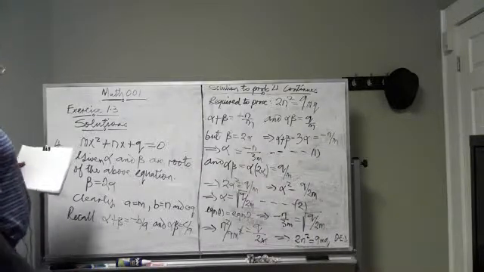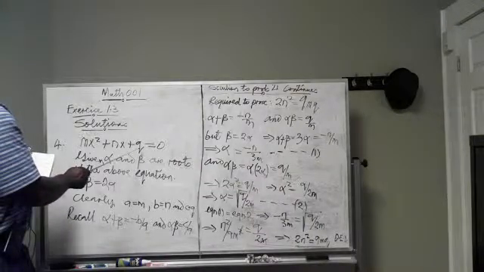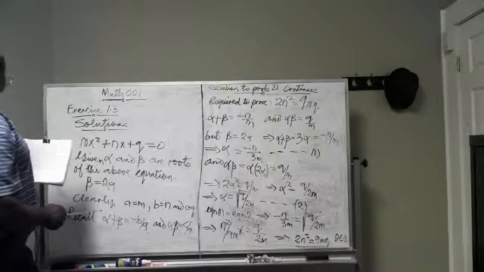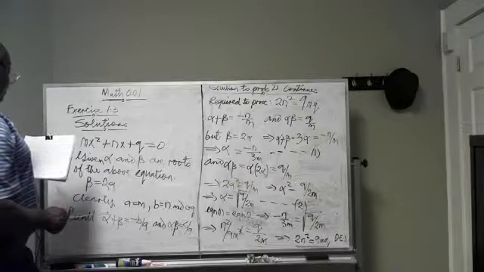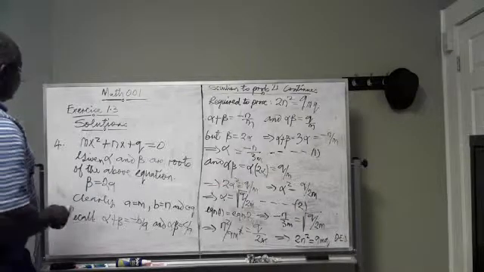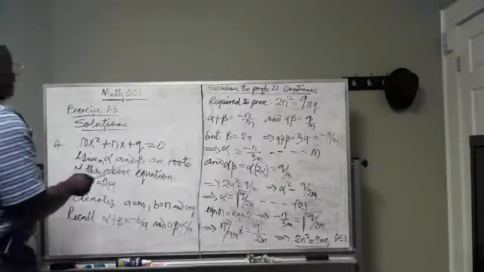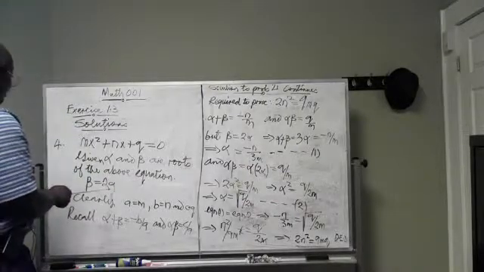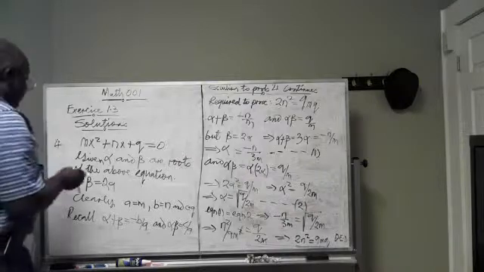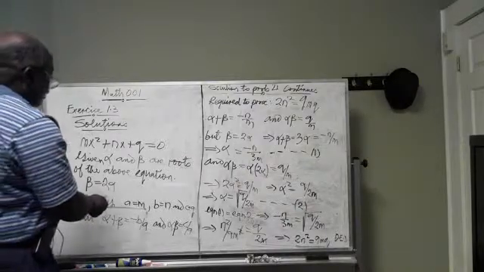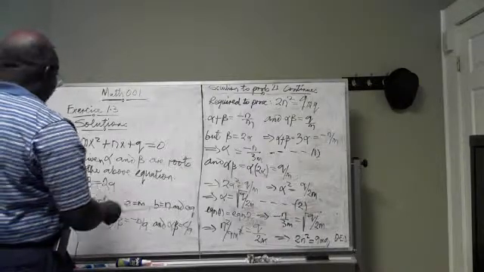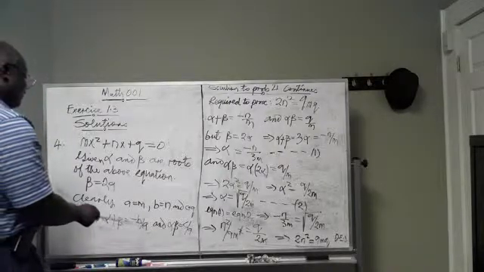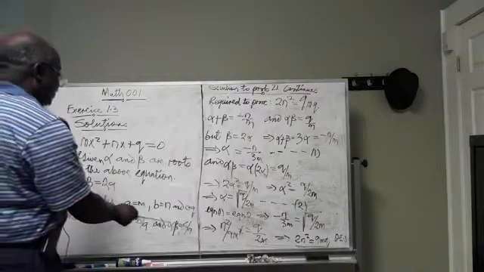If one root of the equation mx squared plus nx plus q equals 0 is twice the other root, show that 2n squared equals 9m cubed. Now, given alpha and beta are roots of the above equation, beta is equal to 2 alpha. Clearly, a equals m, b equals n, and c equals q. Recall, alpha plus beta equals minus b over a, and alpha beta equals c over a.